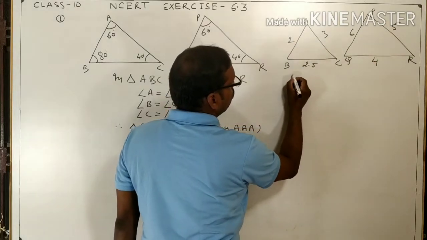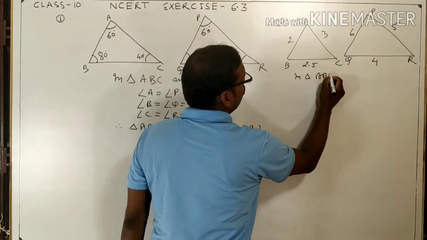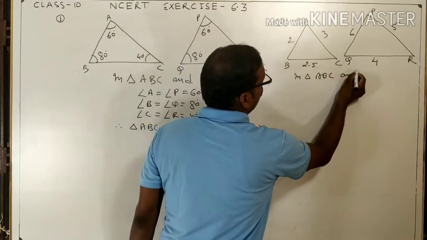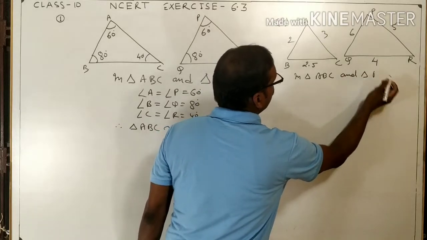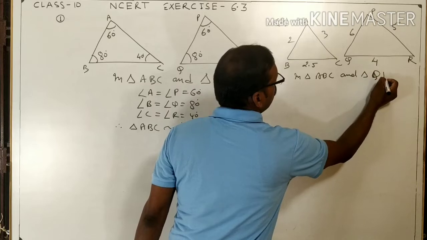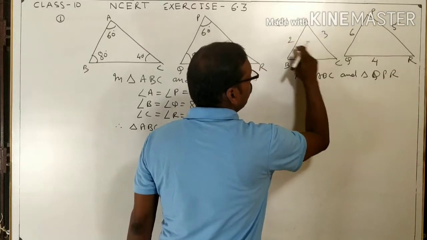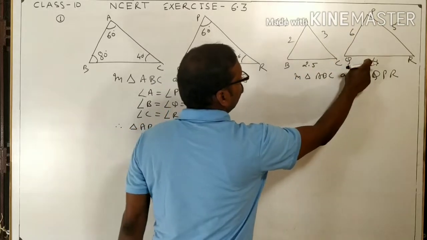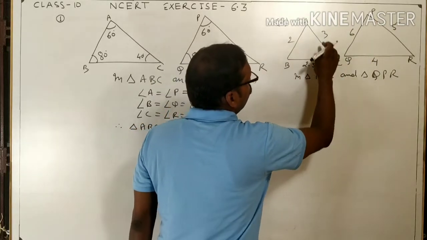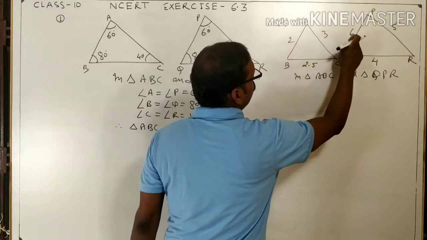So we write, in triangle ABC and triangle QPR, because the ratio of 2 and 4 is equal to 2.5 and 5 and 3 to 6.